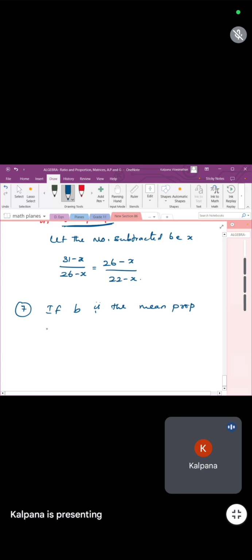If B is the mean proportion between A and C, prove that A square minus B square plus C square divided by A power minus 2 minus B power minus 2 plus C power minus 2 is equal to B power 4.